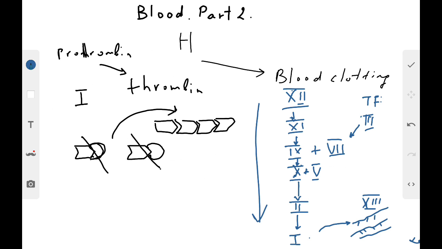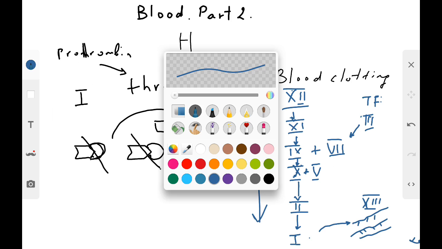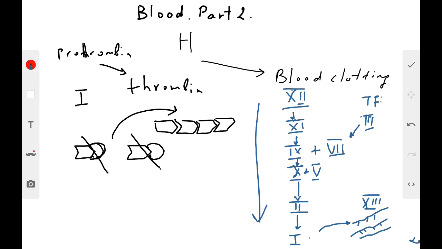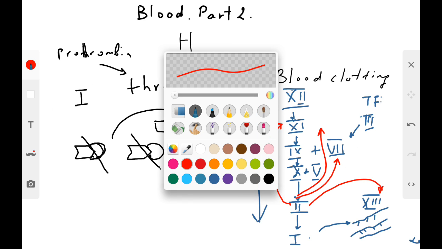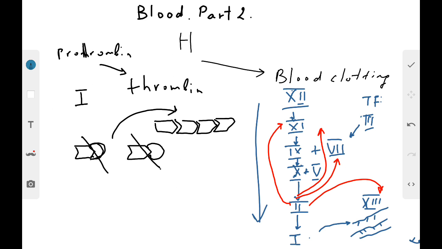And we have also the loops of stimulation, like, so second factor thrombin activates factor 13, second factor activates factor 11, and factor 7, and also we have activation of factor 8, which should be here.